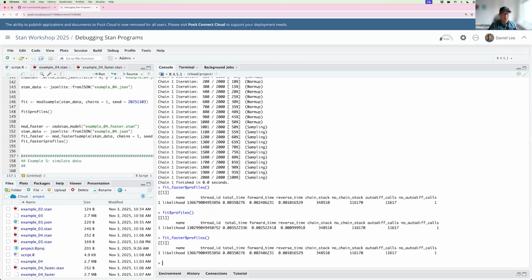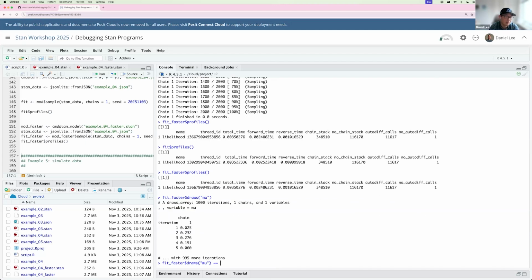The first thing that you should know is that if you set a seed, and the data is the same, the output should be identical. So if I took draws of mu, taking any one, and I do an exact equal, this should be the same.